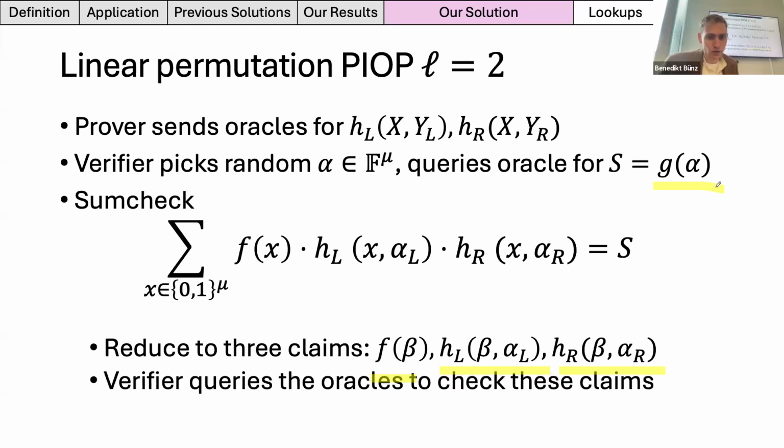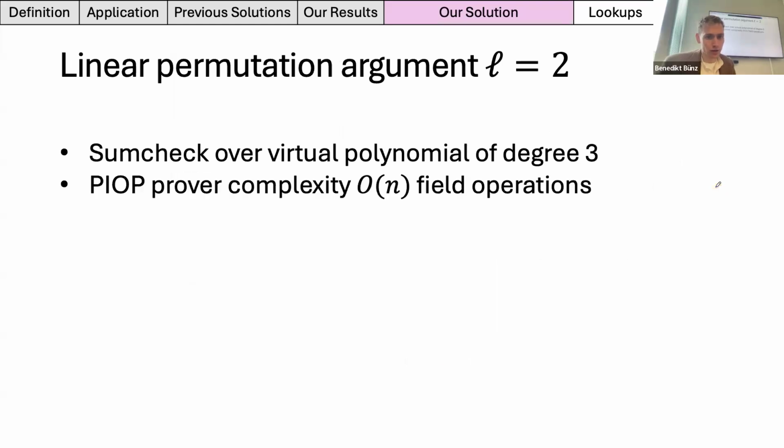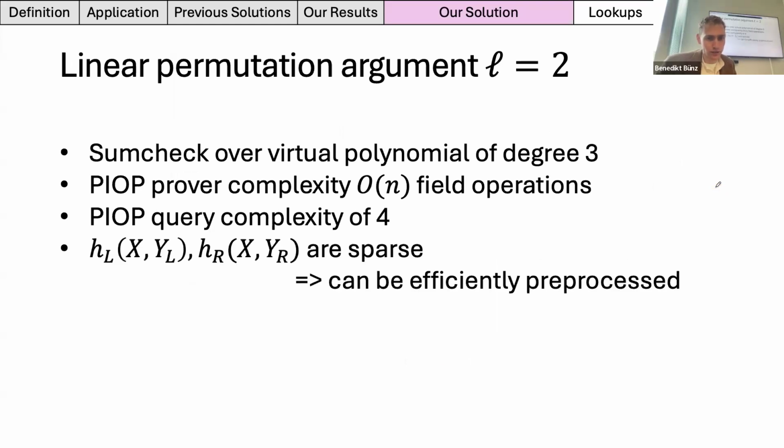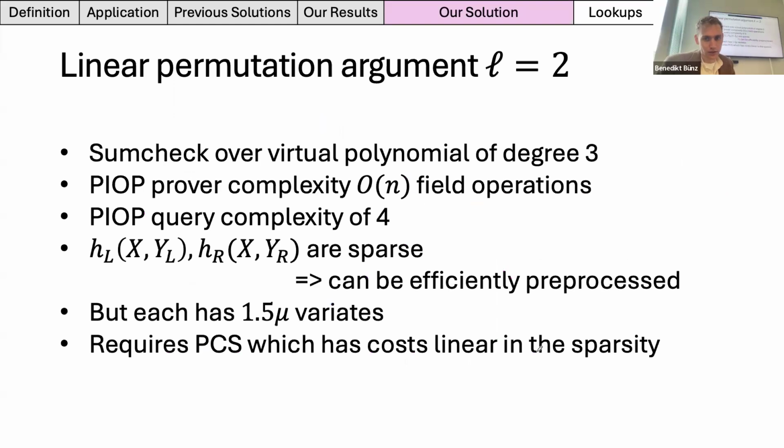And so the verifier queries these oracles and checks these claims. Or if I implement this with a polynomial commitment, then the prover will open the polynomial commitment at these points and prove that they were evaluated correctly. So in total, this is a sum check of a virtual polynomial of degree 3. It has a PIOP with prover complexity of n field operations. So yeah, this requires a PCS, which has cost and sparsity.